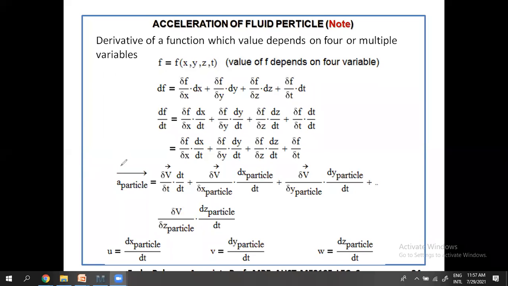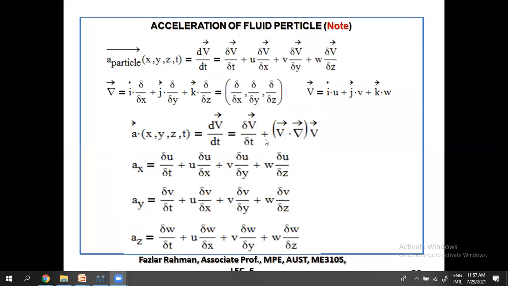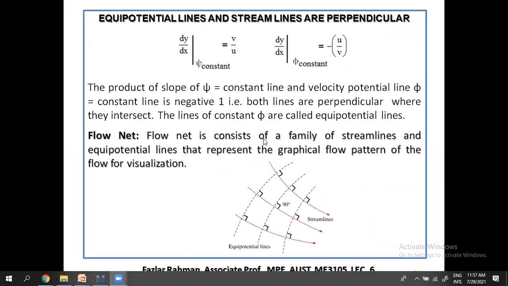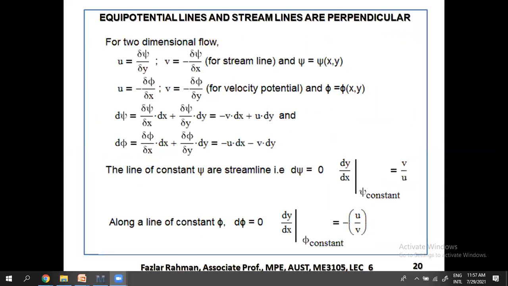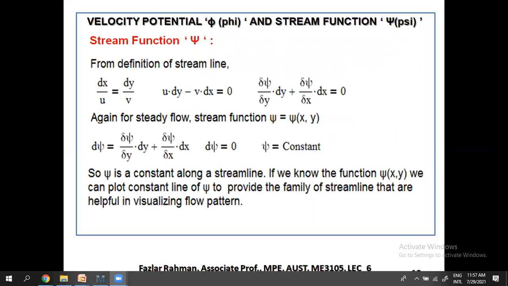So let's go back to our previous slide. Okay, we are right over here. So d psi equals del psi by del y into dy plus del psi by del x into dx.